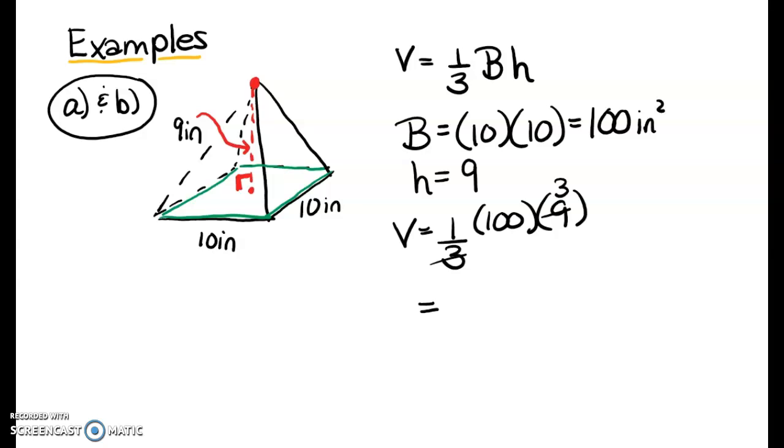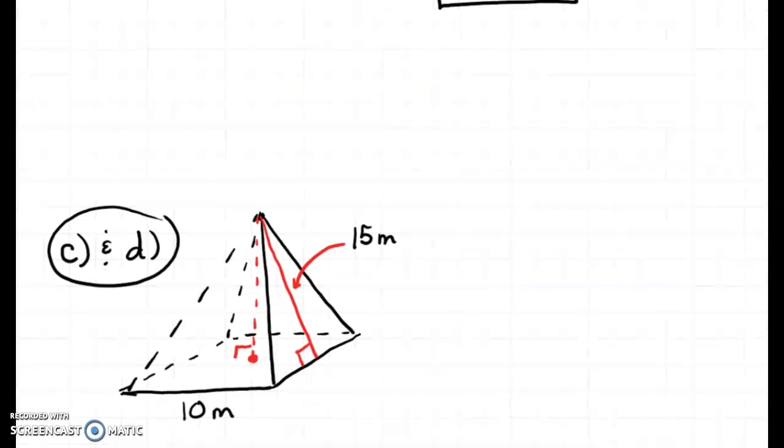So the volume of this pyramid is 300, and volume is in cubed dimensions. So it's 300 inches cubed. This example is good for both A and B on your worksheet. Okay, A and B examples give you pyramids where they give you the actual height of the pyramid.